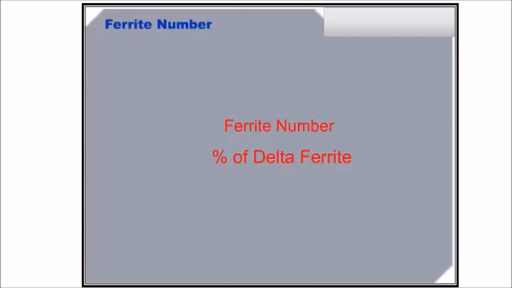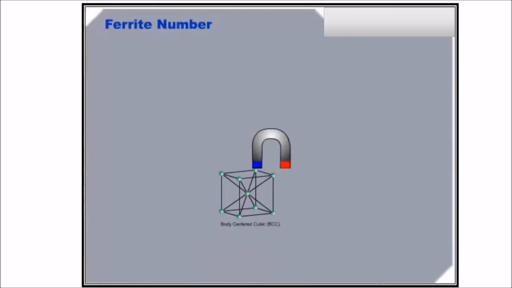This percentage is often referred to as the Ferrite Number and can be measured with a magnetic gauge. The delta ferrite can be measured using the magnetic gauge, since delta ferrite is BCC and magnetic, while the primary phase, austenite, is FCC and non-magnetic.